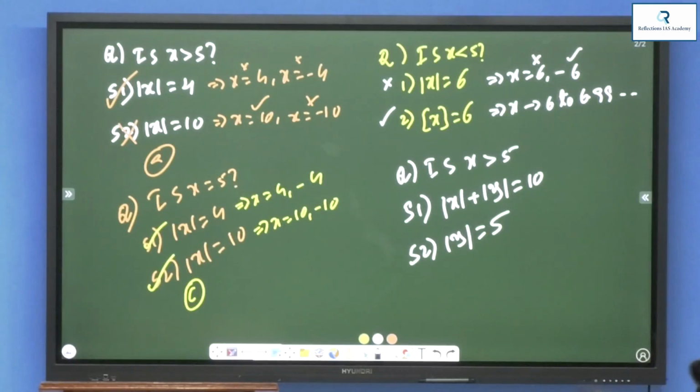C. E. Egypt. Bangalore. E for elephant. D for Delhi. Delhi. E. Don't say E is answer. I am unable to understand.